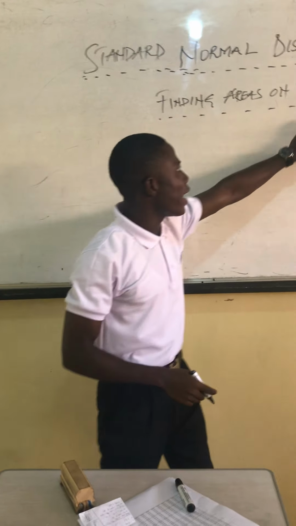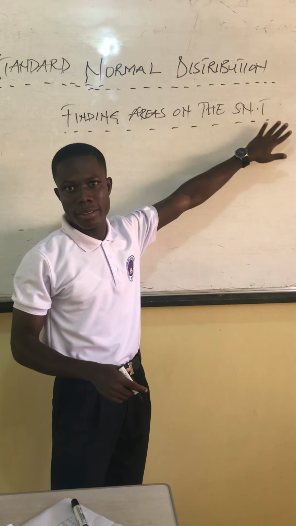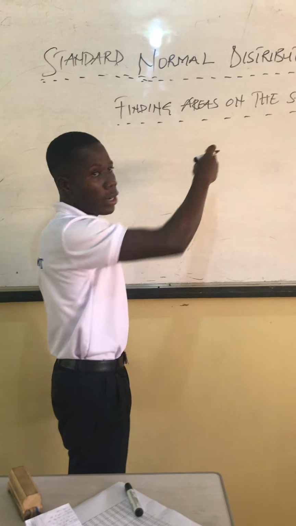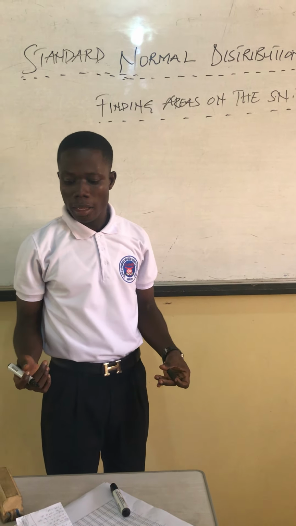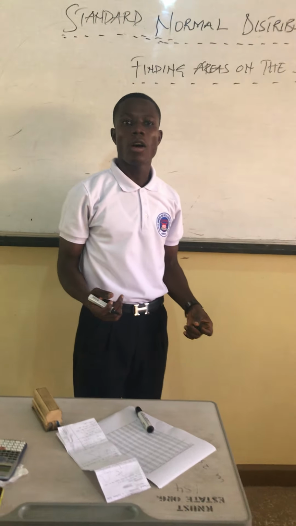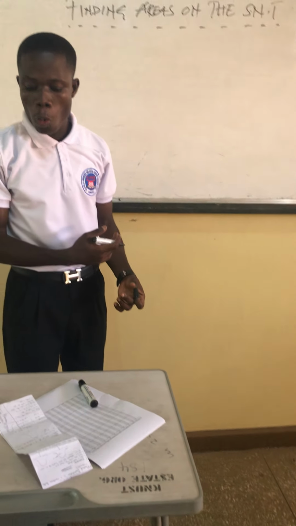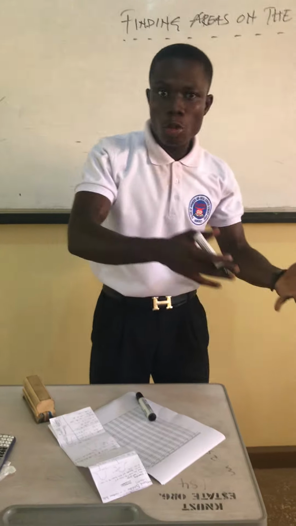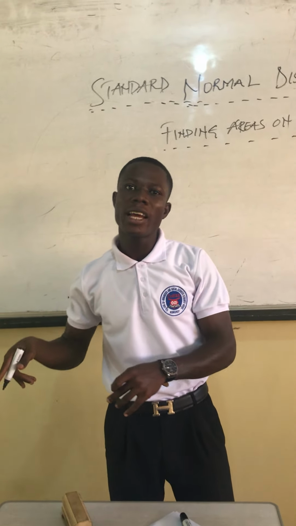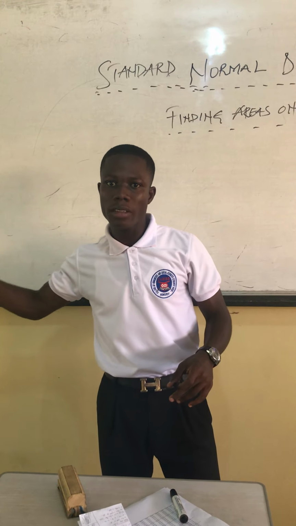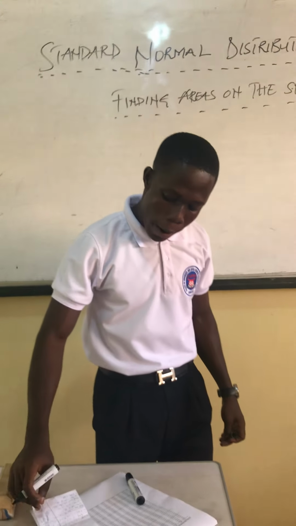The SNT means standard normal table. So we can be given a z-score, then we find its corresponding area on the table. So when you're given a z-score, you go to your table, then you find its corresponding area on the table.